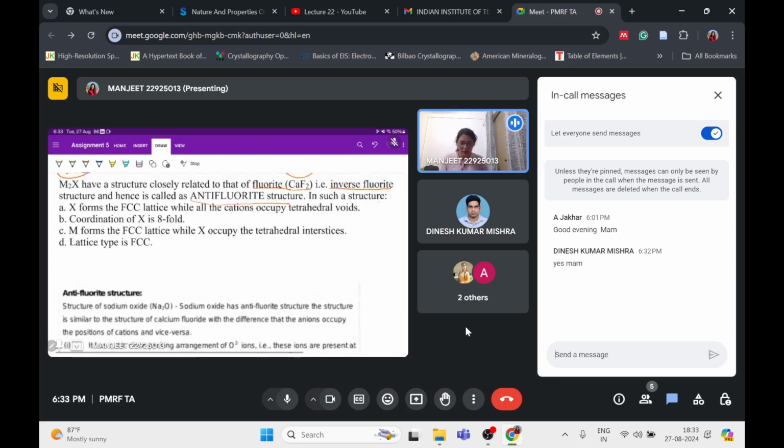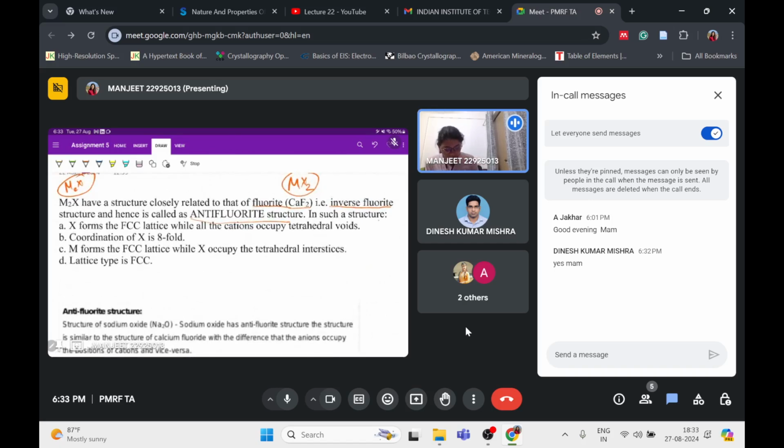So what is the anti-fluorite structure? It is basically the opposite of MX2, but here whatever the position of the cation in the fluorite, that will be the same for the anion here, and whatever the position of the anion there, that will be the same for the cation here.